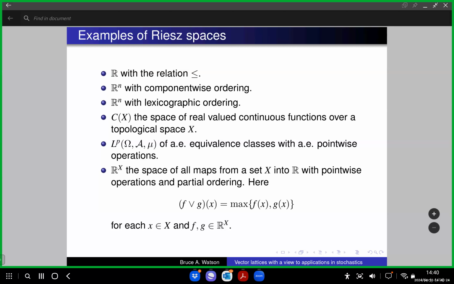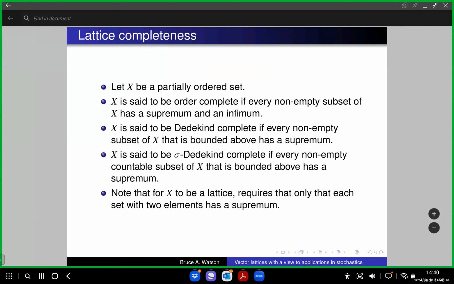Here, the supremum of f and g evaluated at x is the maximum, in terms of real numbers, of f(x) and g(x). And we do this for each value x in X. And we can do similarly for the infimum.